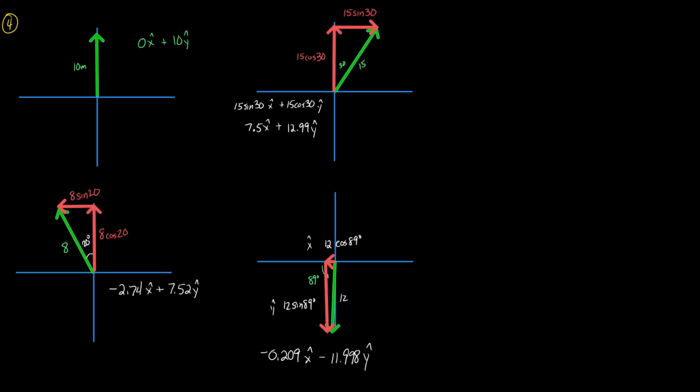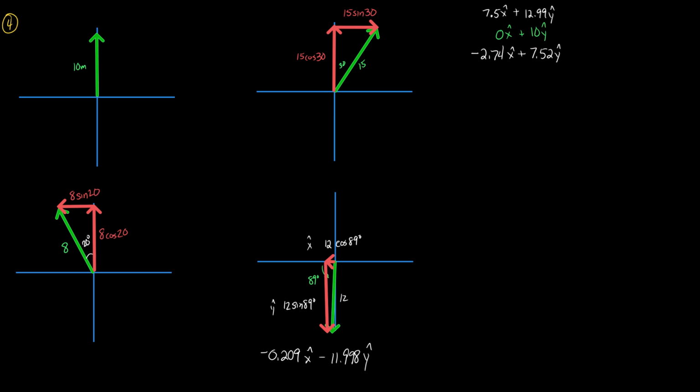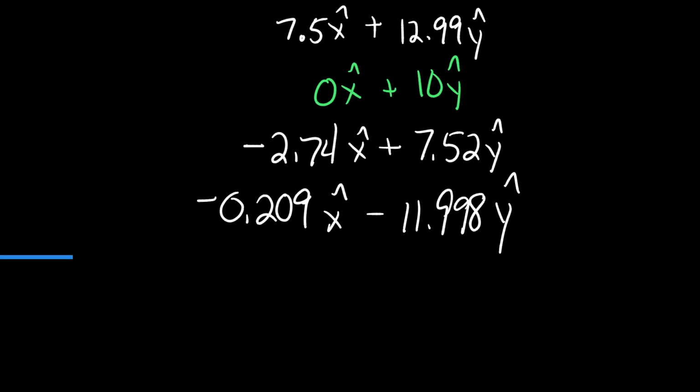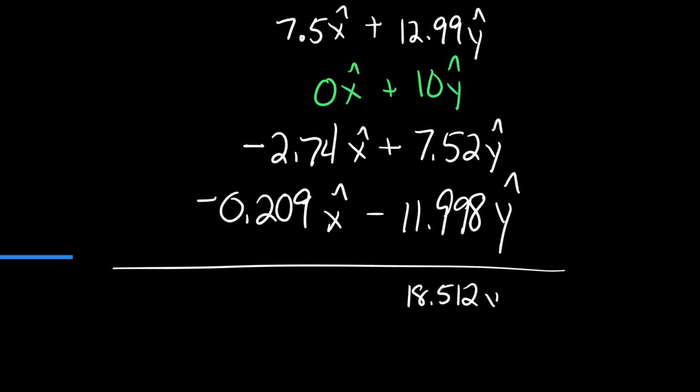All right, 4 vectors. I now must sum them. Oh well, I'll just put that up there at the top. Doesn't matter what order I add. Alrighty. So, add them all up. 12.99 plus 10 plus 7.52 minus 11.998. 18.512 in the y hat direction.